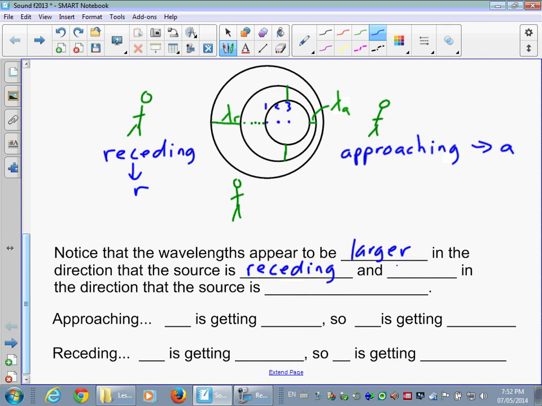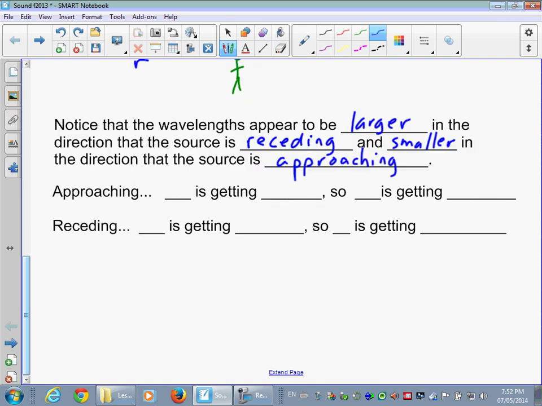And they appear to be smaller in the direction that the source is approaching. So in summary, when the object is approaching, lambda is getting smaller.